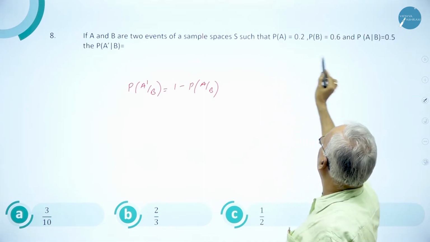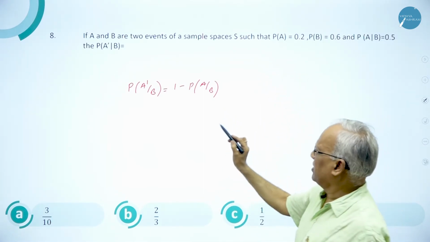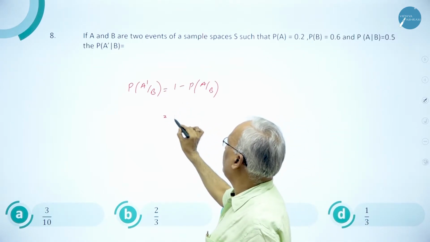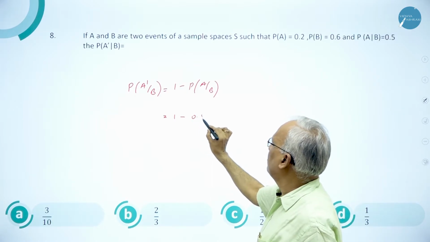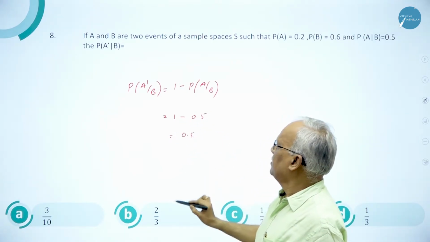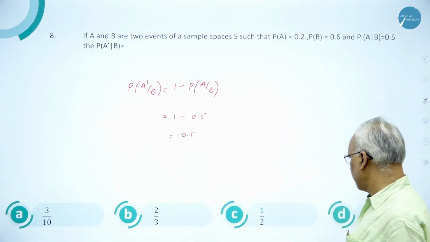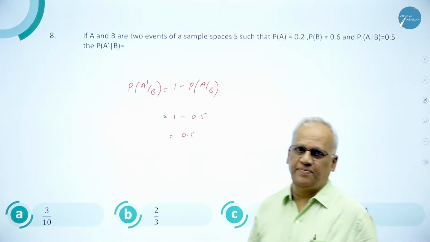Don't waste time finding probability of A intersection B, all that, okay? It's not required. So this is equal to 1 minus probability of A given B, which is given to be 0.5. So 1 minus 0.5 is equal to 0.5, which is nothing but half. So the answer is C. Okay?